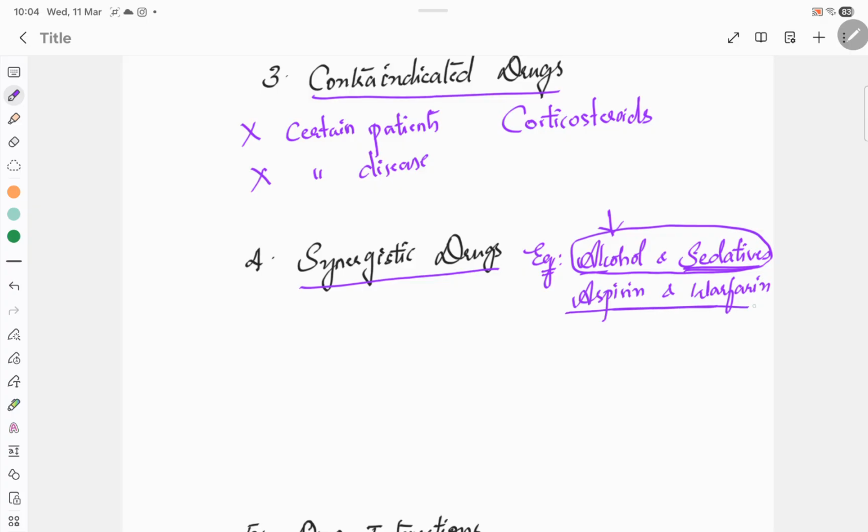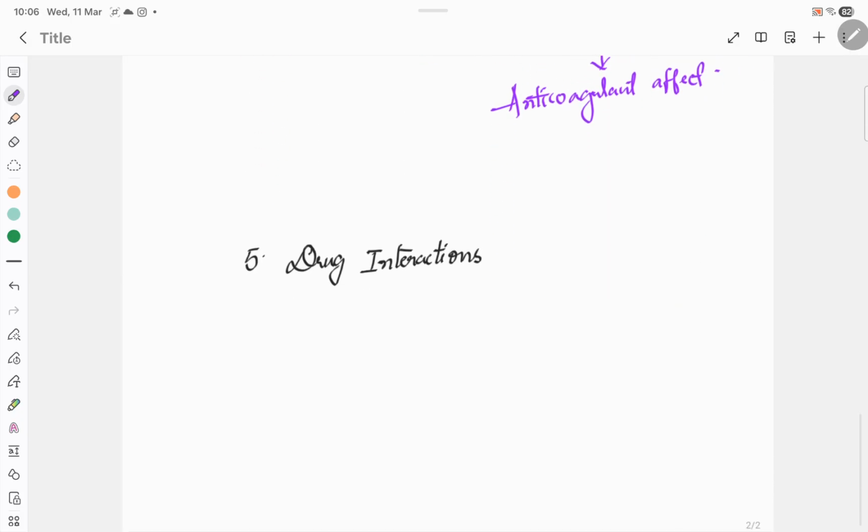In the same way, aspirin and warfarin alter the anticoagulant effect of the substances. In this way synergism affects, and again it causes therapeutic incompatibility.